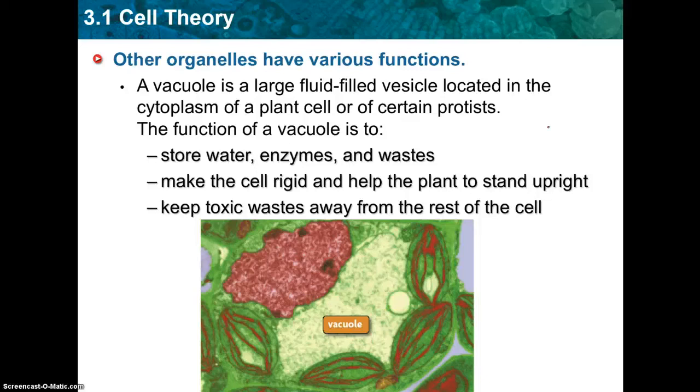The vacuole in a plant cell is referred to as the central vacuole. It's important because it helps to store water and enzymes, other waste products from the cell. It makes the cell rigid, and it helps the plant to stand upright.